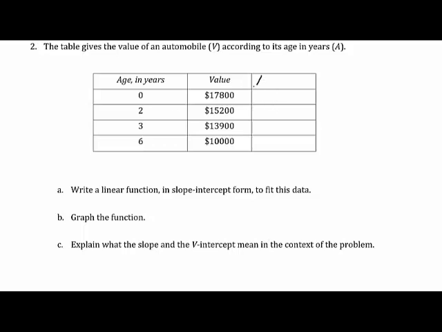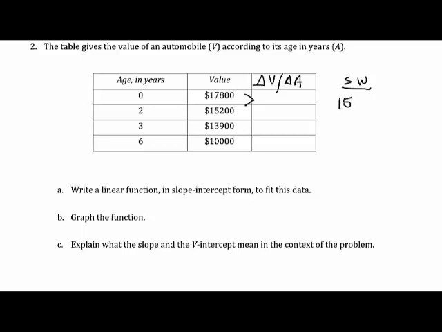So I'll make a third column, which is delta V over delta A, or change in V over change in A. And we use the first two ordered pairs to get this rate of change. And so you can do a little scratch work on the side that it's just the slope formula.